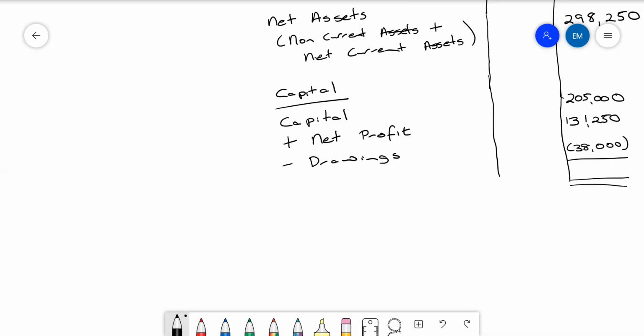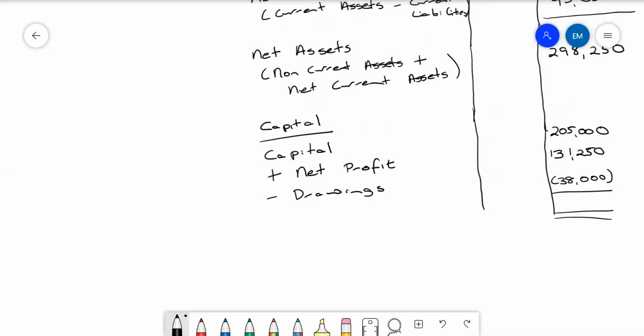So the total of our capital section is €205,000 for the capital, plus a net profit of €131,250, taking away our drawings of €38,000, giving us a total in the capital section of €298,250.